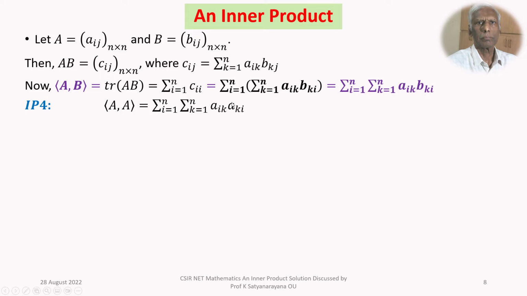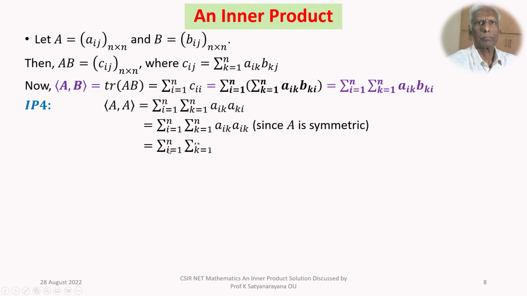Why? Because A is a symmetric matrix. Because A is a symmetric matrix, Aki, the entry in the kth row ith column, is the same as the entry in the ith row and kth column. So that will be equal to double summation Aik into Aik, since Aki is equal to Aik for a symmetric matrix.